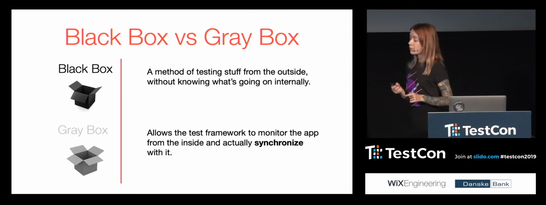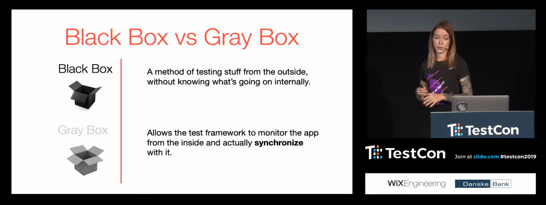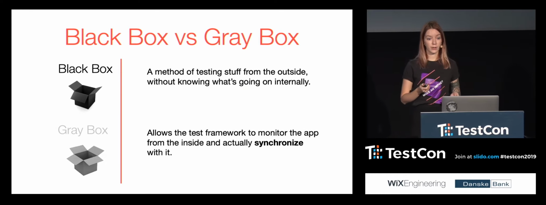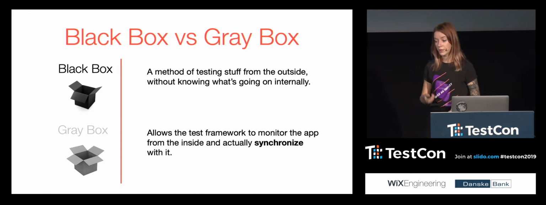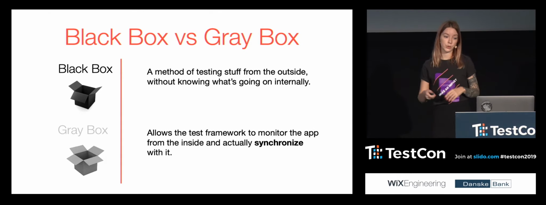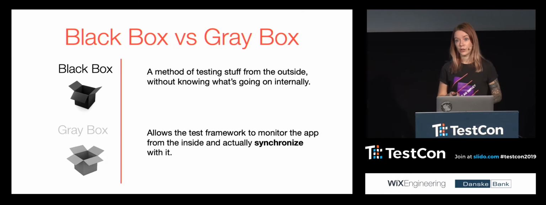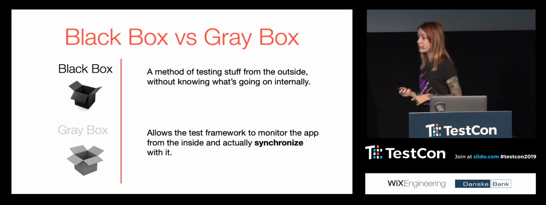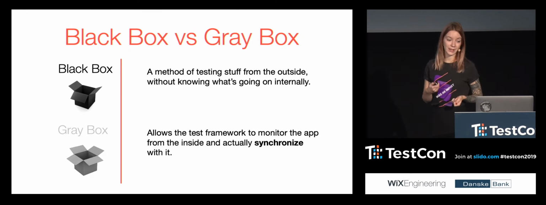So gray box tests track the app's main operation queue to see whether there are any pending network requests, whether the main thread is idle, and whether all animations on screen have completed or not. Tests execute on the main thread to make sure that nothing is changing in the UI while tests are being executed.